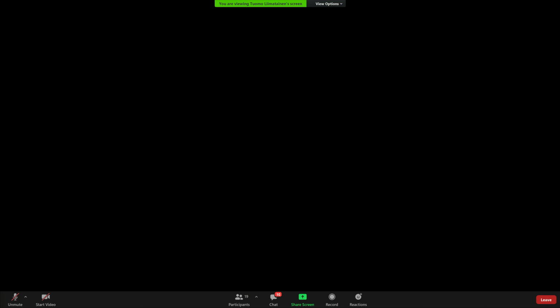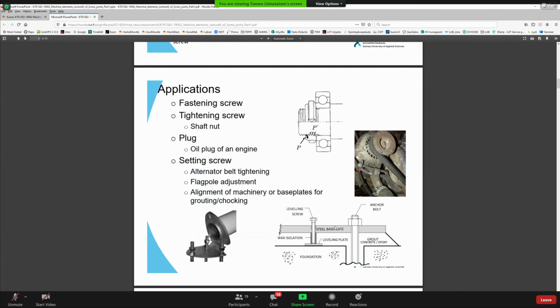And with these leveling screws, the base plate is adjusted exactly on the horizontal plane. And when the leveling is done, then the space in between the base plate and the foundation of the building is filled with, for example, concrete or epoxy or something else. And then there are also anchor bolts which are used to fix the machinery onto it.